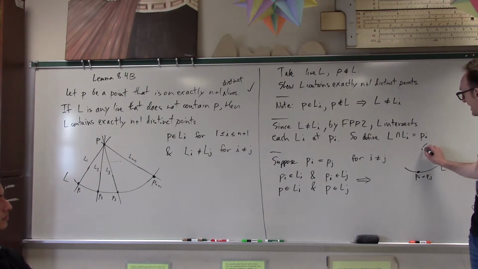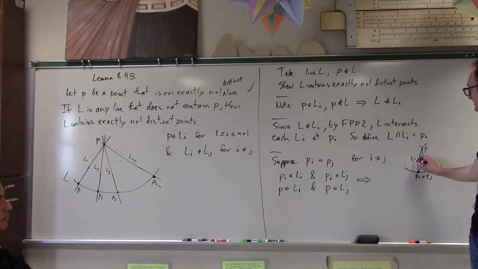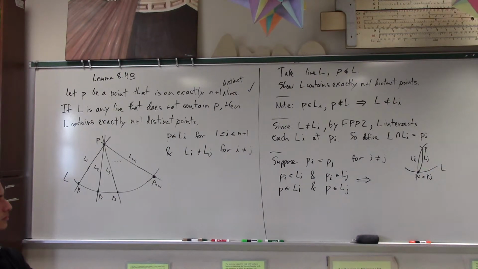What's wrong with that is that there are these two different lines, Li and Lj, which both met line L at now the same point. And we would like to conclude that this is a contradiction. What is the contradiction? Two lines can't intersect at two distinct points.